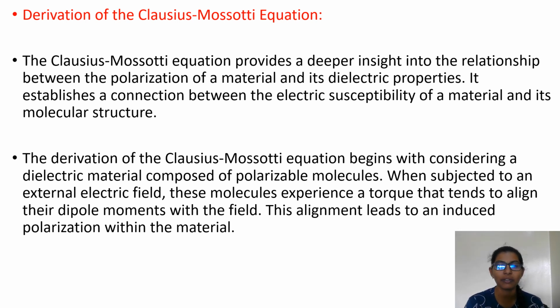The derivation of the Clausius-Mossotti equation begins with considering a dielectric material composed of polarizable molecules. When subjected to an external electric field, these molecules experience a torque that tends to align their dipole moments with the field. This alignment leads to an induced polarization within the material.